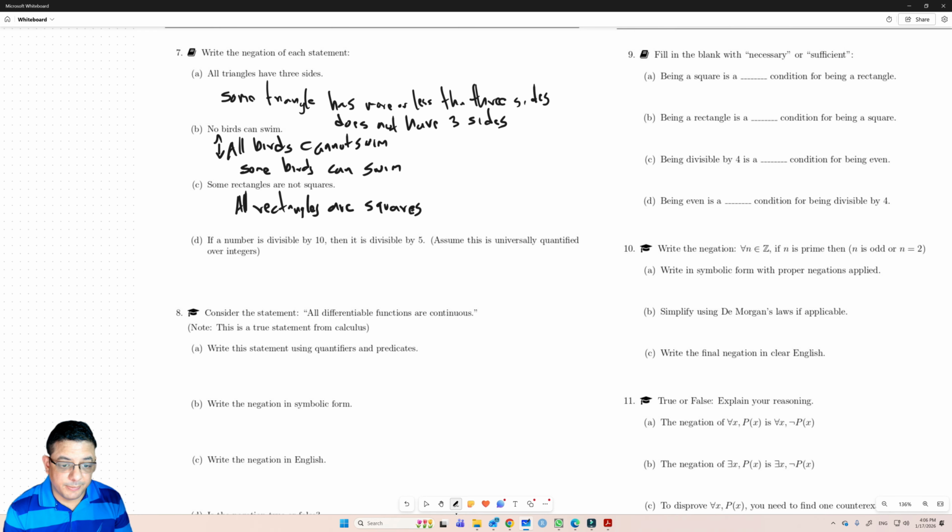D is if a number is divisible by 10, then it's divisible by 5. Okay, so we're assuming this is universally quantified over the integers, of course. If we're going to negate this, we'll say there is a number, or there is an integer, divisible by 10 and not divisible by 5.